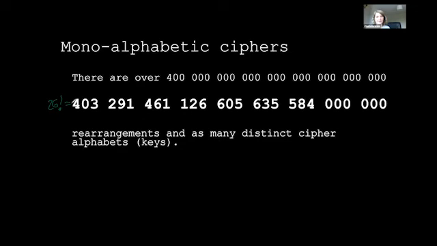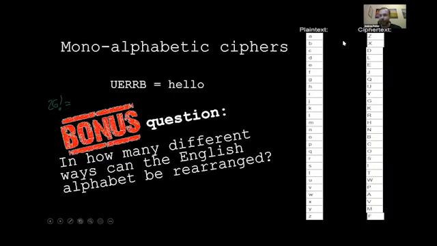Andrew started explaining why it's 26 factorial, but perhaps you could just reiterate that point. If we go back to this other slide, it's a case of thinking of how many different ways we can assign letters. For this first letter, you've got 26 choices.